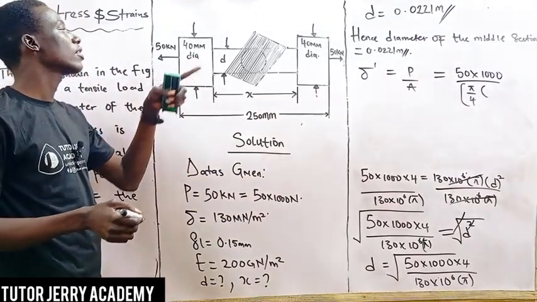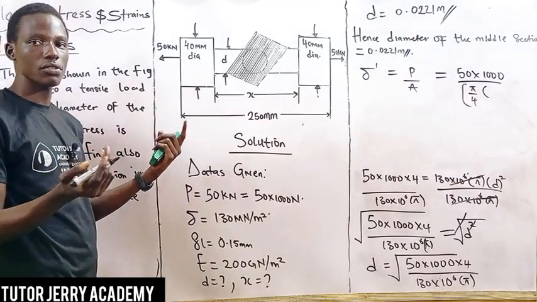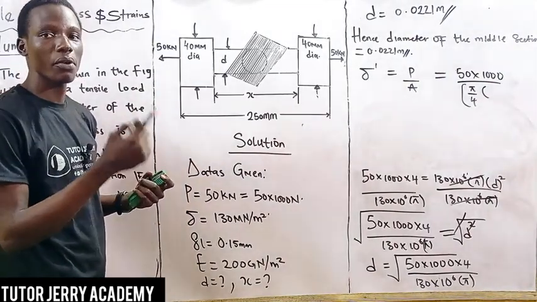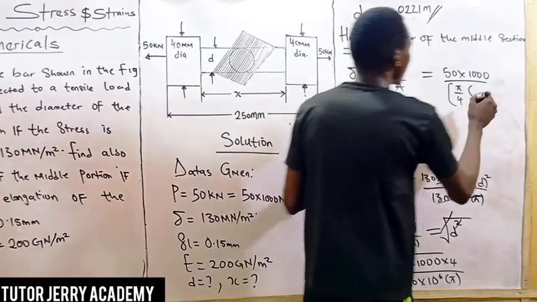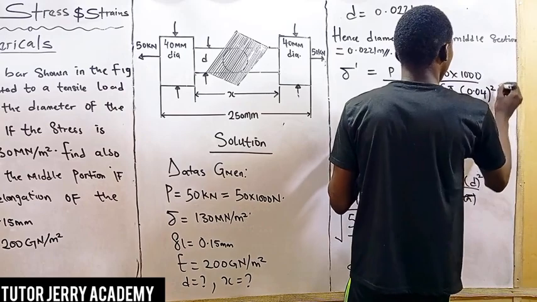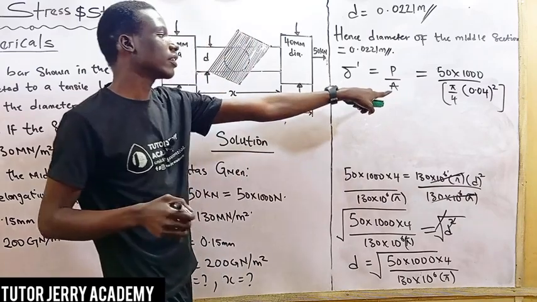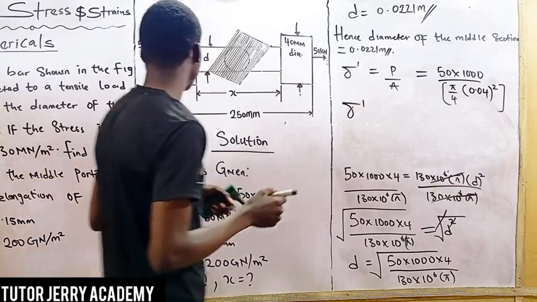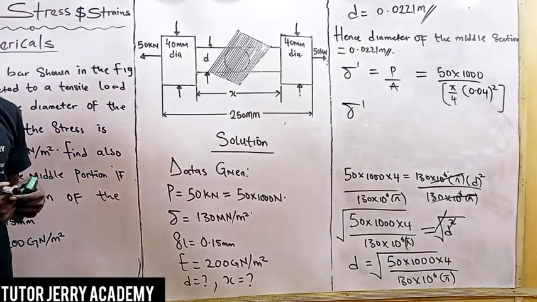Now we have 40 millimeter diameter here. We are going to be converting 40 millimeter to meter, which gives 0.04 meter. So here we are going to have 0.04 squared. If we calculate that, our sigma prime, which is our stress at the end portion, will be nothing but 39.